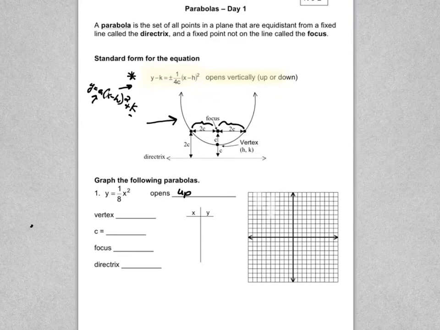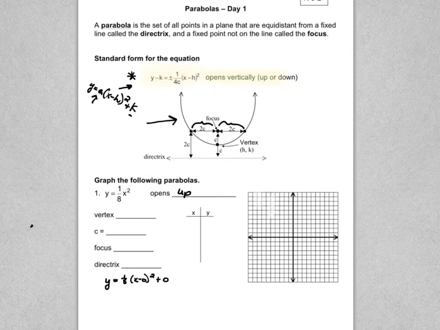Then we're going to read the vertex. Well, there isn't an h and k, so in essence what we have is y equals 1/8 times (x minus 0) squared plus 0. And that's how we end up with just the 1/8 x squared.